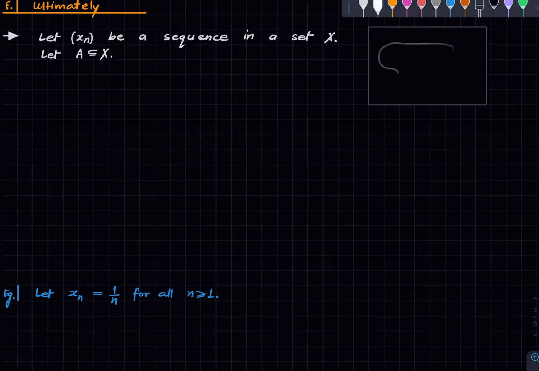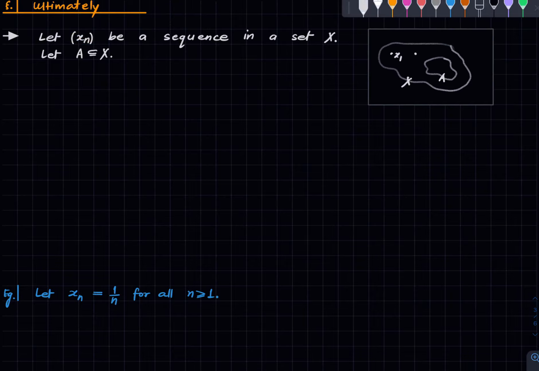So think of this as the set X, and somewhere inside we have the set A. And you can think of a sequence, this thing xn, as a bunch of points labeled by natural numbers. So some of them may lie inside A, some of them may lie outside A, and so on. So it's a hodgepodge of a picture, but I'm sure you get the idea. So we have a sequence and we have a set A.